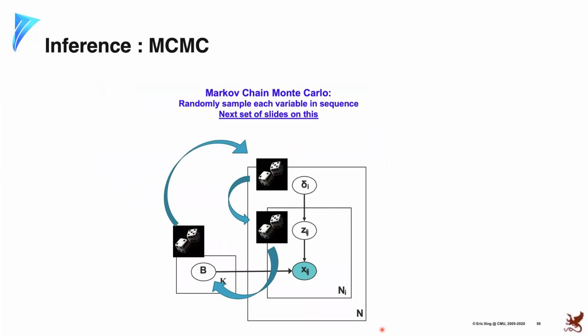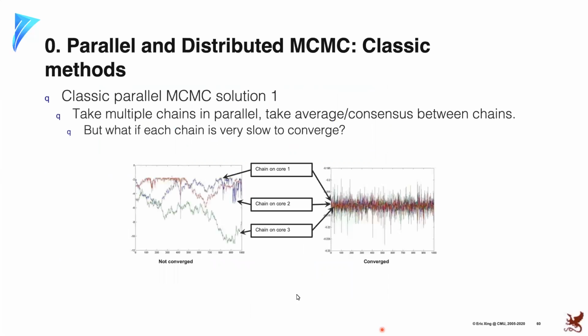One traditional way to do that is to apply Markov chain Monte Carlo. The very naive way to parallelize is just like what we do in the naive parallel stochastic gradient descent.